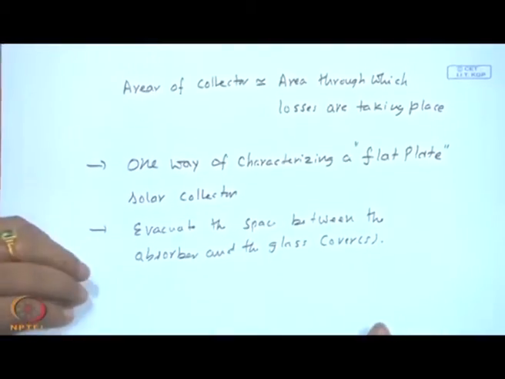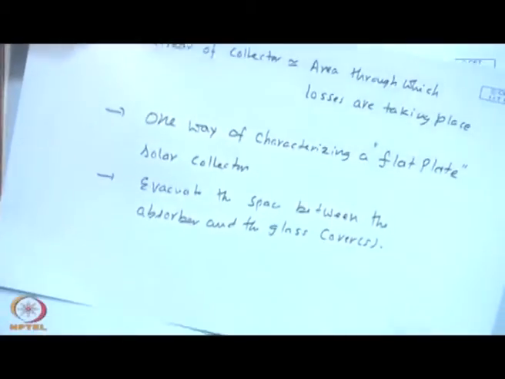However, if you have a square meter or 1.5 square meters of collector area, maintaining the vacuum is not easy, and there may be a breakage and a loss of vacuum, which will lead to a deterioration in the performance. And generally, flat plate collectors do not employ evacuated collectors, though it is quite common in other types of collectors, which we shall come to in a while.